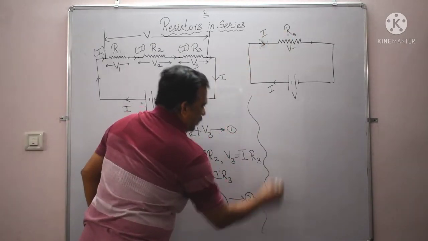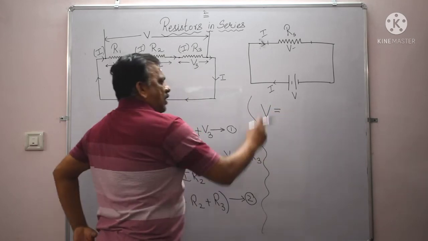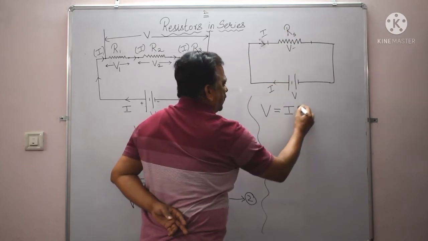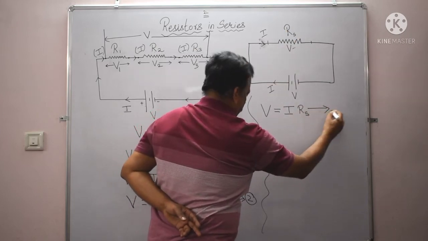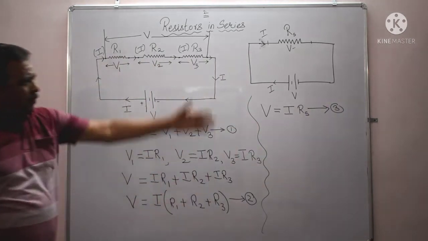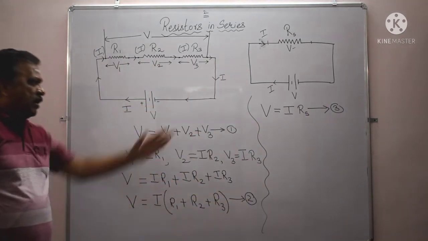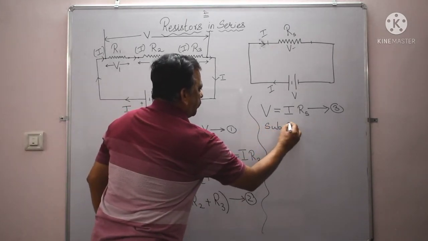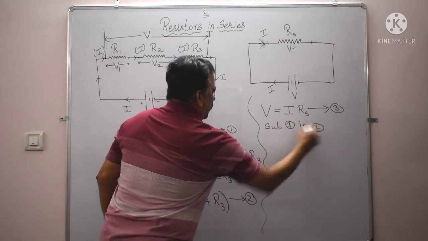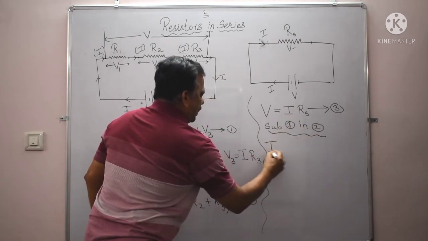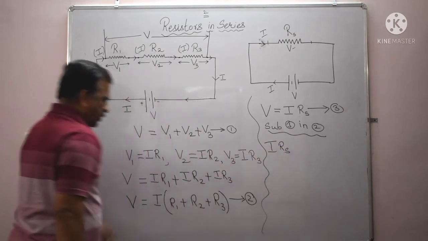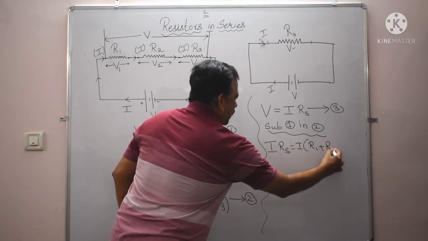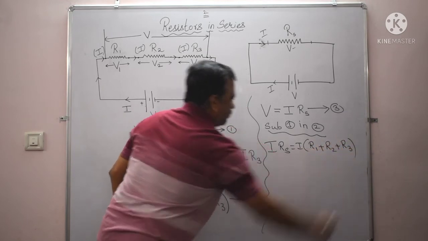So the total voltage V can be written as: the current flowing through the total resistance is I, and the resistance of the total resistor is R sub S. So V equals I into R sub S. That is number 3. Now let me substitute 3 in expression 2 instead of V. Substituting 3 in 2, I end up with I R sub S equal to I into R1 plus R2 plus R3.